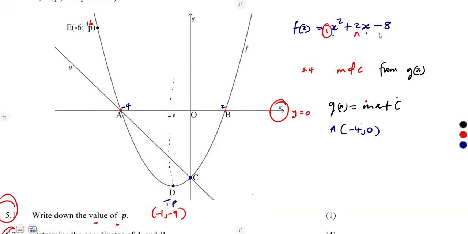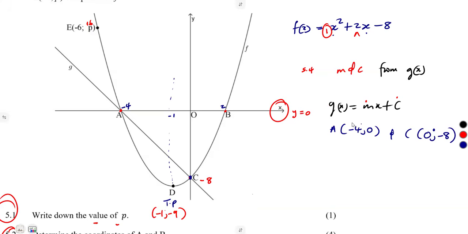From f, we can find the y-intercept: when x is equal to 0, y is equal to negative 8. We can find it from our f(x). So point C is given as 0, negative 8. Remember, x is 0 there and y is negative 8.